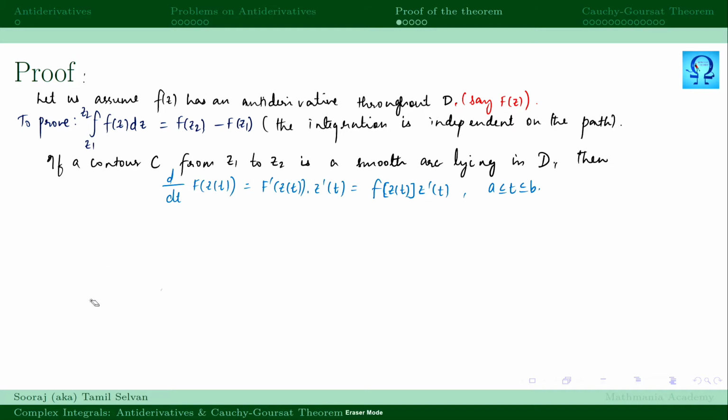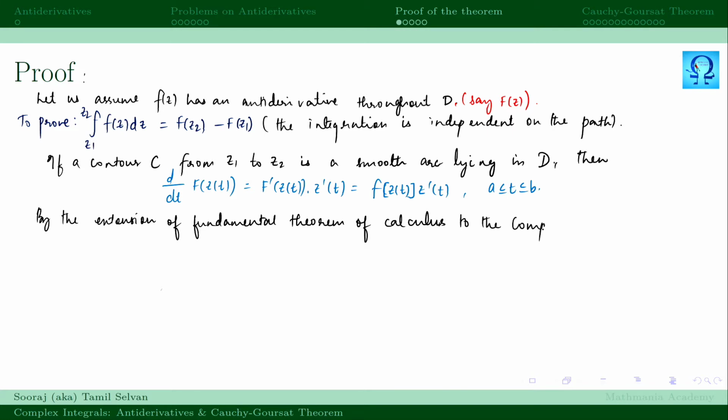So by the extension of the fundamental theorem of calculus to complex valued functions, we get the integral over C of f of z dz may be written as the integral from a to b of f of z of t multiplied with z prime of t dt.